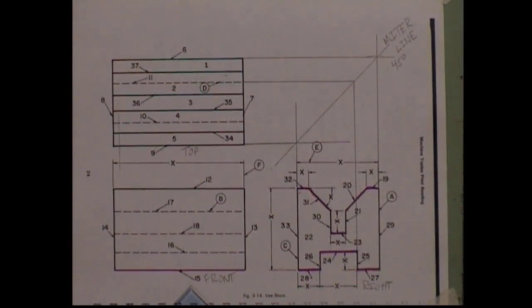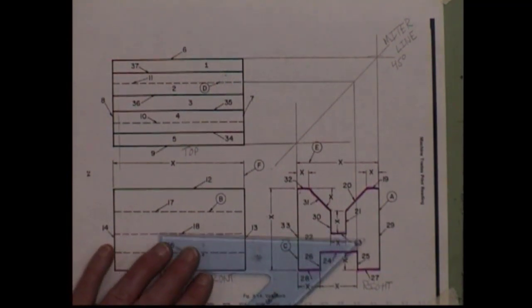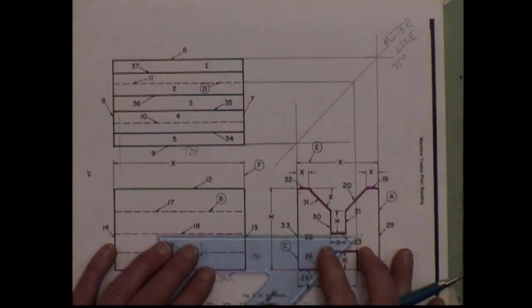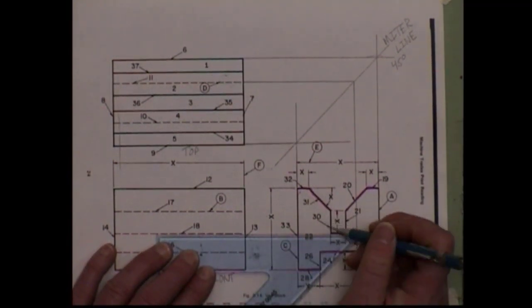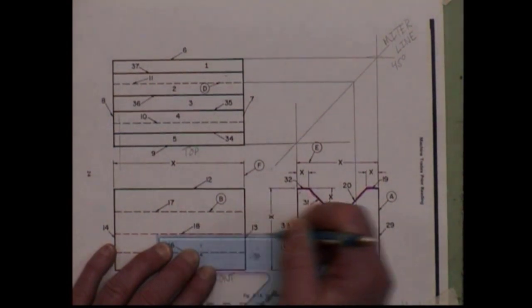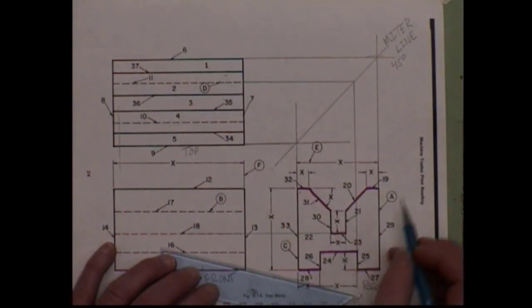Number 4, line 18 in the front view is what surface in the top view? So this throws us a little twist. We have line 18 right here in the front view. Okay? The projection lines work the same from the front to the right side. So we can see that line 18 is also this surface 23 in the right side view.